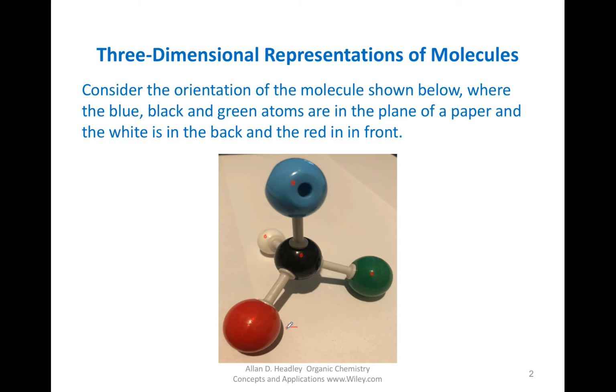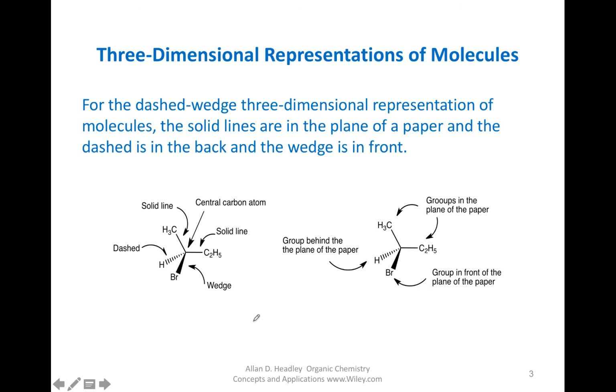So the key here is the blue, the black, and the green are in the same plane, in this case, the plane of the paper or the computer screen. And the white is in the back, and the red is in the front. Okay? So what we'll do here is develop a systematic way of communicating that concept.